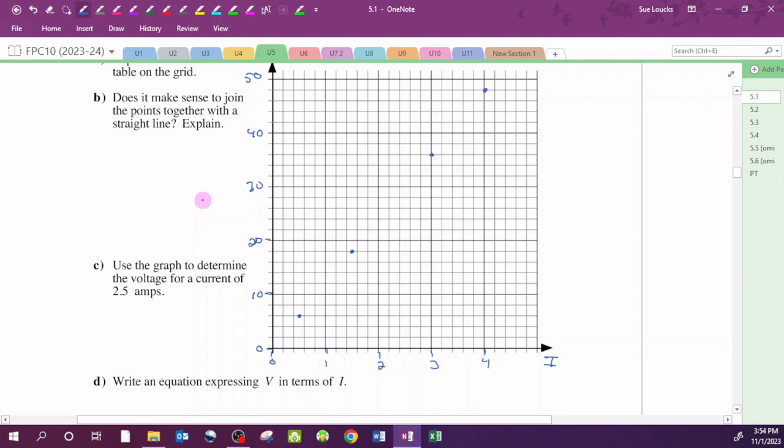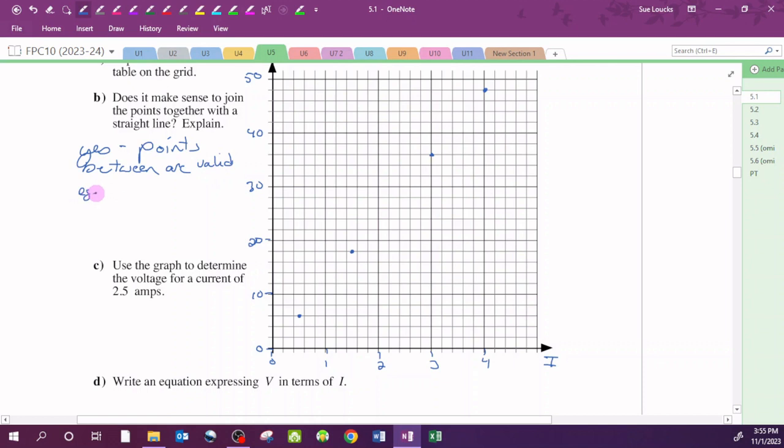Okay, does it make sense to join the points together with a straight line? Well, definitely they're in a straight line. And yes, we can join them together because the points in between the points that we've graphed are valid.